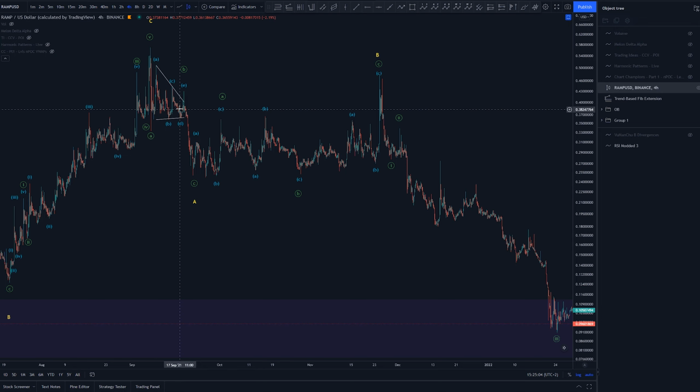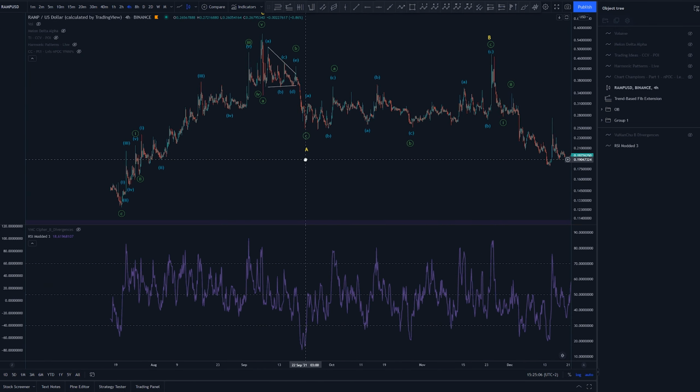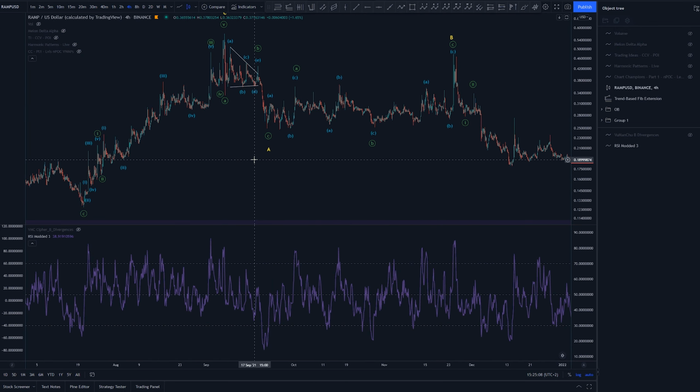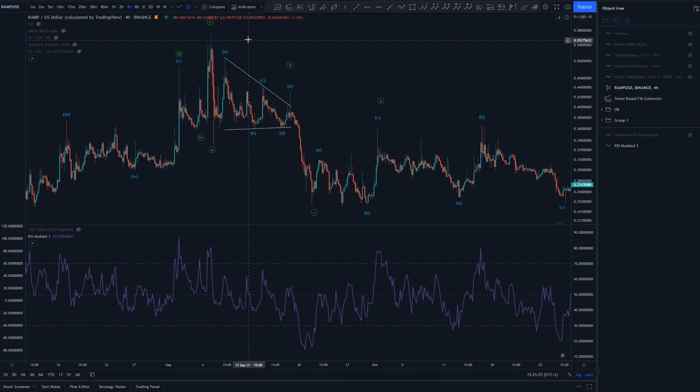Here, A, B, C, D, E, and I think I had, actually it's not even correct, because the RSI is not supporting it. Very nice, good demonstration. But in any case, I think if it's not a triangle, then it's just ABC, ABC, ABC maybe.